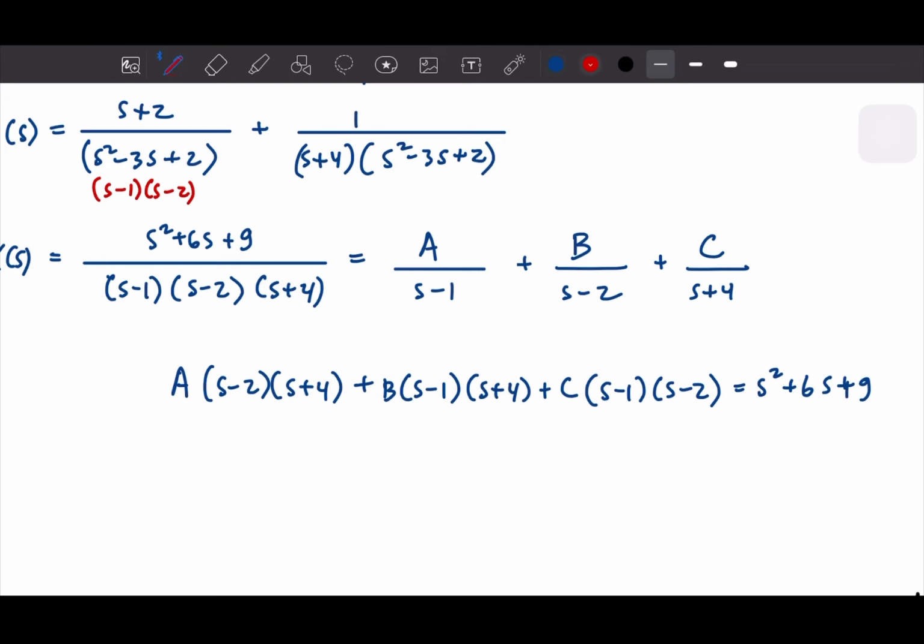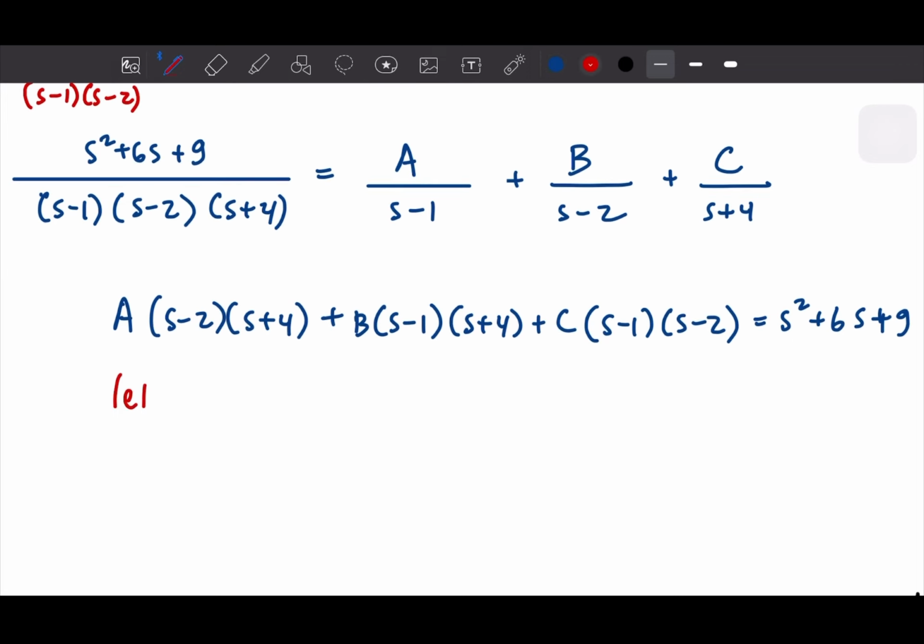And we could let s, for example, equal to 2. So this A becomes 0. So s is 2, so this is 1, this is 6, right? And then this will also be 0, so B. Okay, and then this is equal to 4 plus 12 is 16 plus 9 is 25.